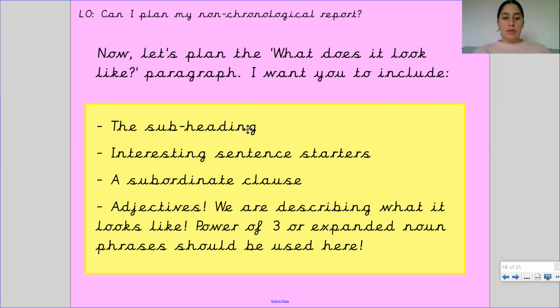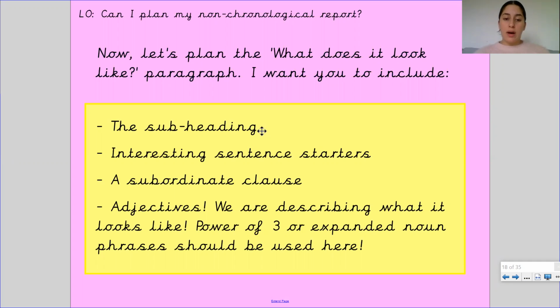These are the things I want you to include. Again, the subheading, an interesting sentence starter or interesting sentence starters, because you'll have more than one sentence in that paragraph, a subordinate clause, adjectives. We're describing what it looks like. What kind of language do we need to use when we're describing something?